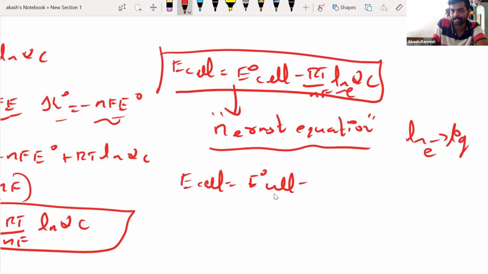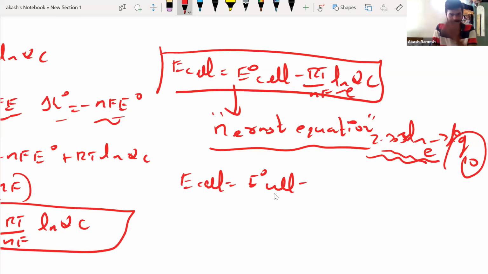So many times you've done this in physics, so many times we did it in chemistry in 11th class. Remember, if you multiply the ln value by 2.303, 2.303 into the ln value will give you the log value.